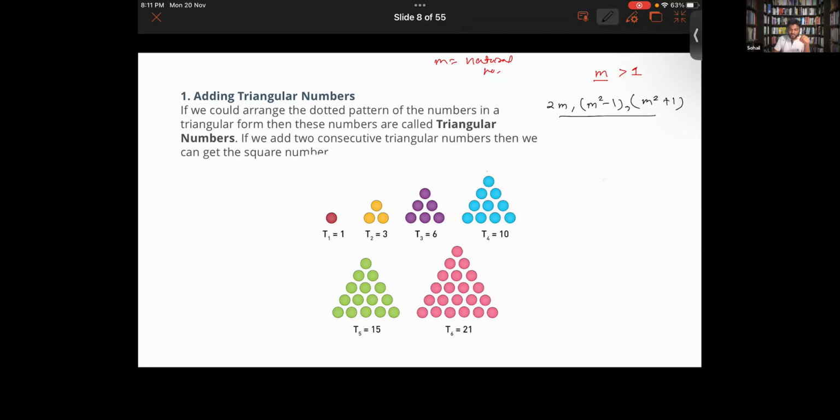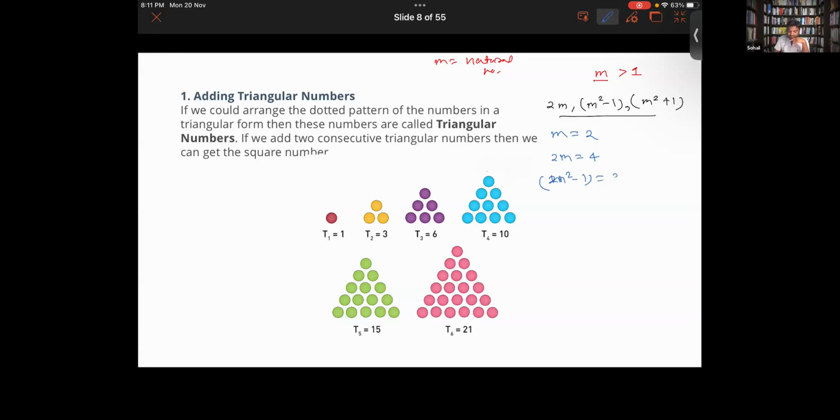ठीक है? So for example, चलो मैंने एक example ले लिया. Let's say m is 2 here. So what will be the numbers here? 2m would be 4, and m square minus 1 would be 3.